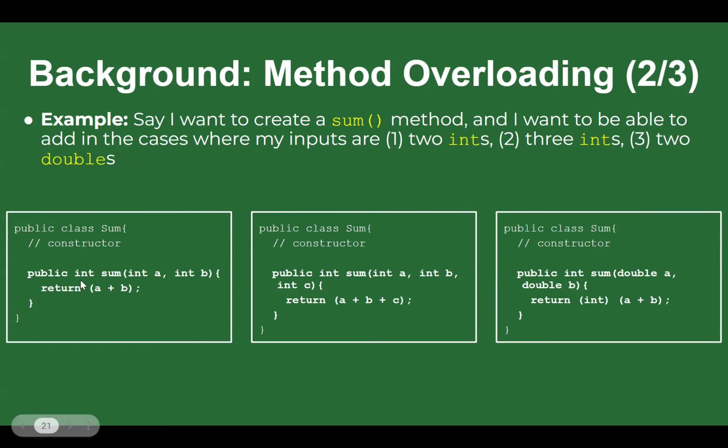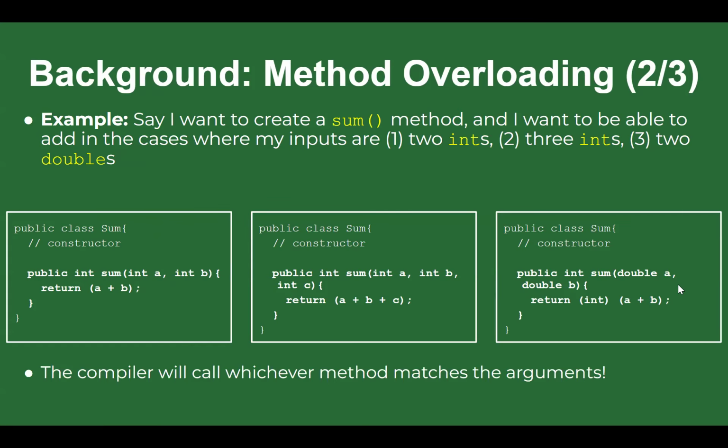Each of them starts off with public int sum, but they all have different arguments. And this is totally legal in Java. The compiler will just call whichever method matches the arguments at compile time. This is just a super efficient way to have a method that has different arguments that you want to do the same thing.